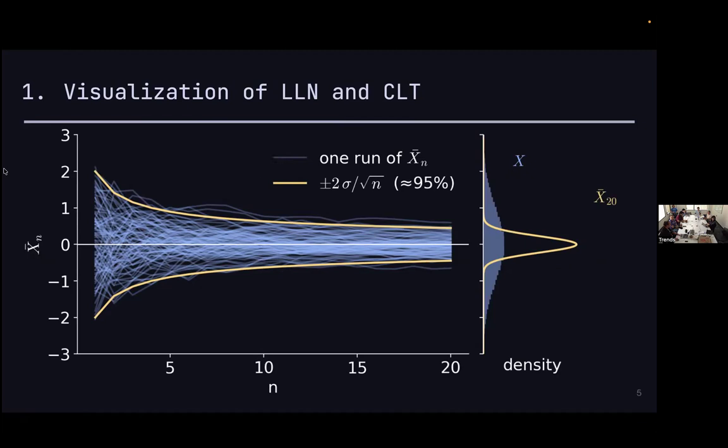This funnel on the left is basically showing this. Each blue line here is an independent run, an independently generated sample. And the n on the x-axis tells you how the sum behaves over the sample iterations.